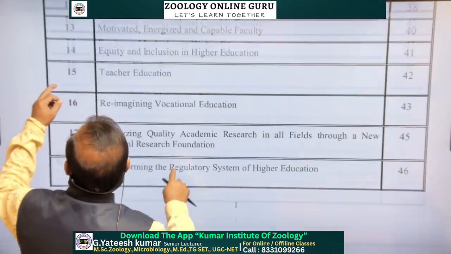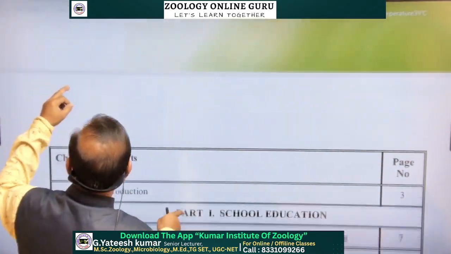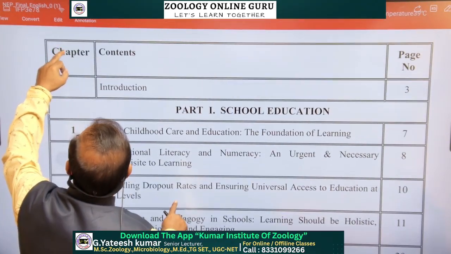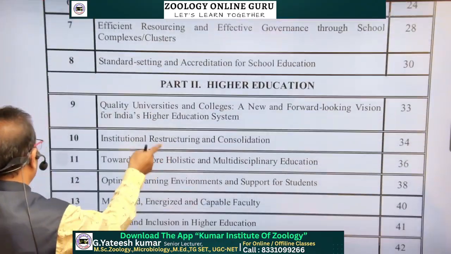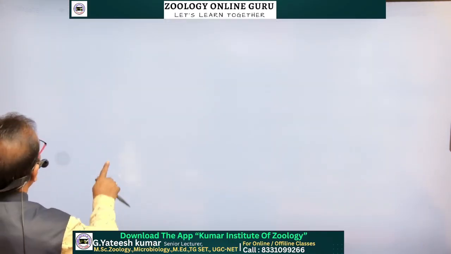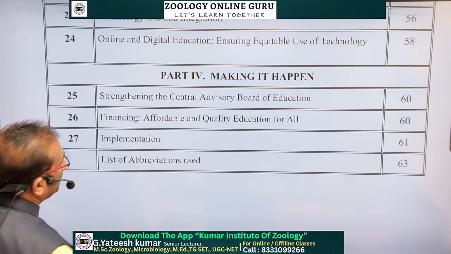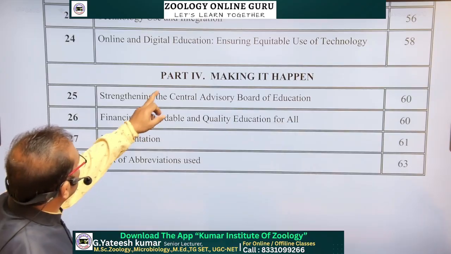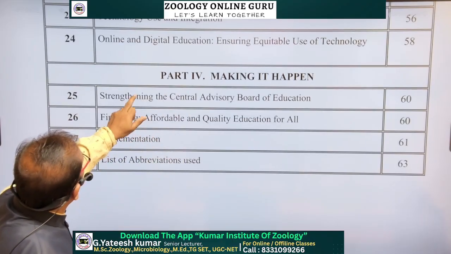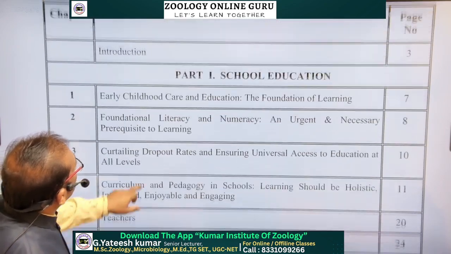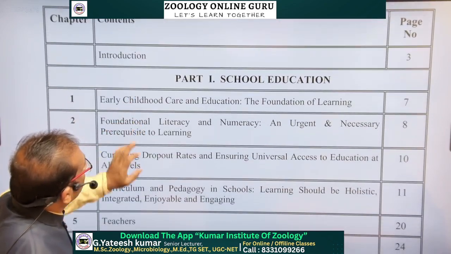The total chapters present in the main document of NEP 2020 are 27 chapters. So 27 chapters and 4 parts are present, and coming to each and every part, what it contains.